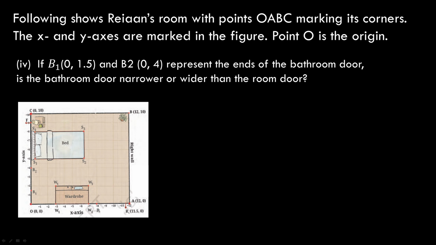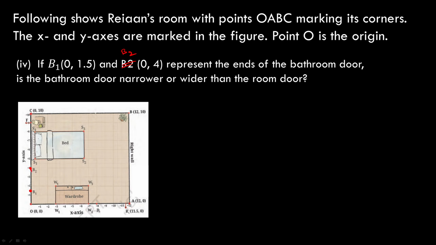If B1 is 0, 1.5, we can find B1 right over here. This is B1 and B2, which represent the ends of the bathroom door. Is the bathroom door narrower or wider than the room door?